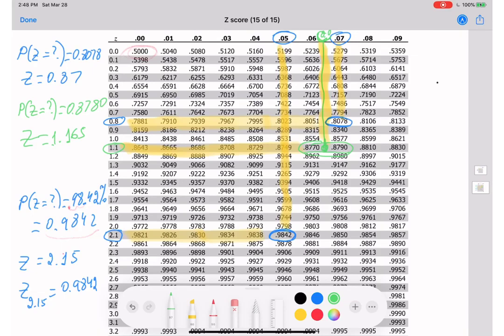Okay, let me give you another example. Let's assume we need to find probability for z-score equal question mark, and probability, find the z-score for probability, let's say 0.9313.